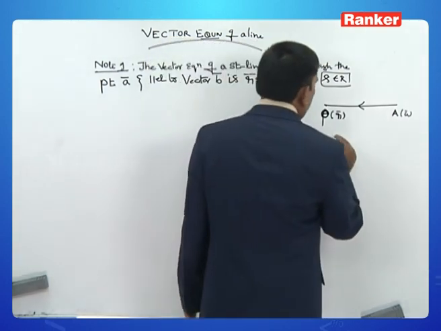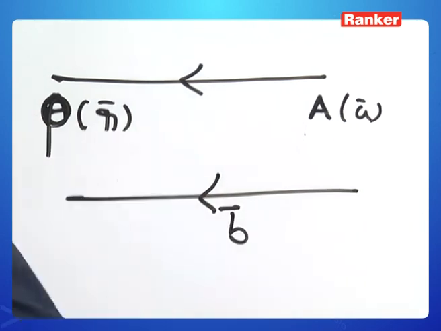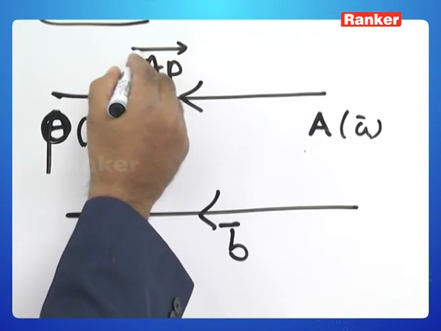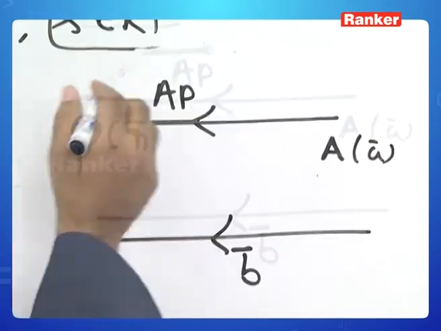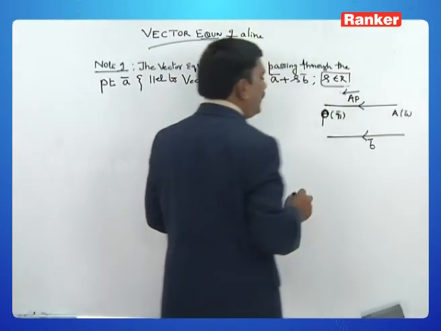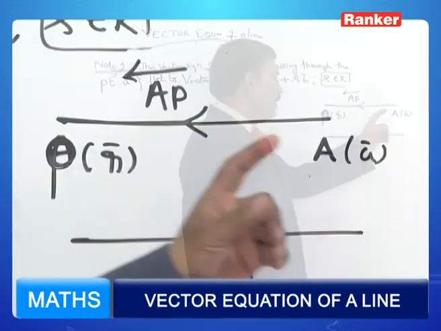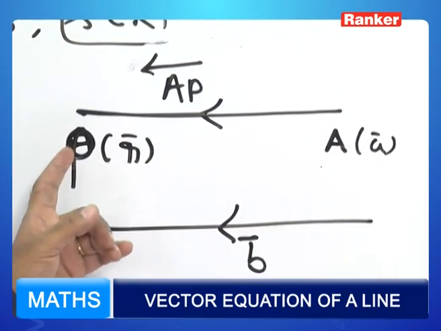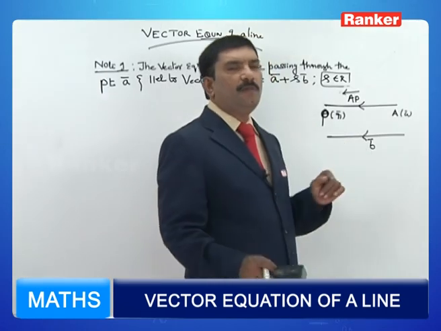This is also B bar. This direction is AP bar. Now, here A bar is a position vector of a point A, and P of R bar is an unknown that we are naming as what?